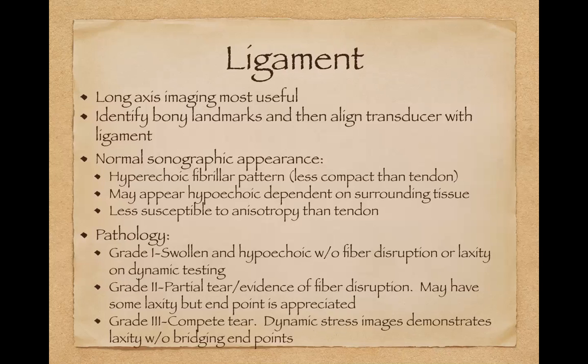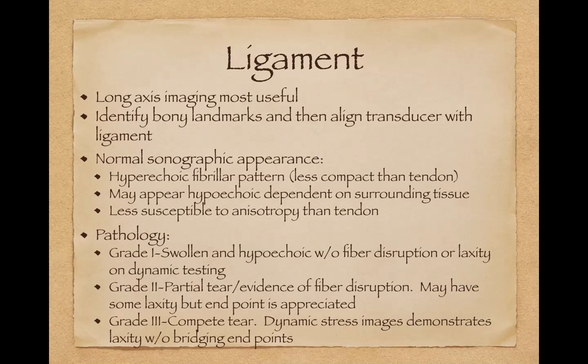Moving on to ligament. So long axis is the most useful in imaging ligaments. Of course, the first thing we do is identify the bony landmarks and then align our transducer in long axis to the ligament. The normal sonographic appearance, you have this hyperechoic fibrillar pattern, less compact than the tendon. May appear as a hypoechoic structure depending on the surrounding tissues, and it's less susceptible to anisotropy than actual tendons.